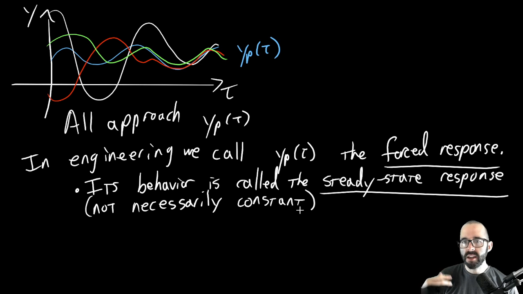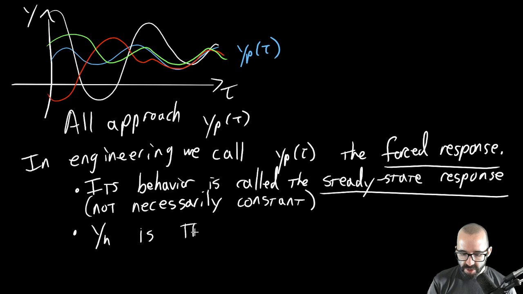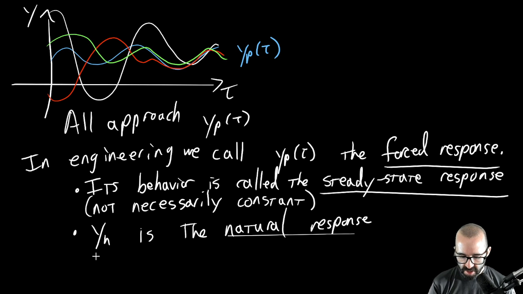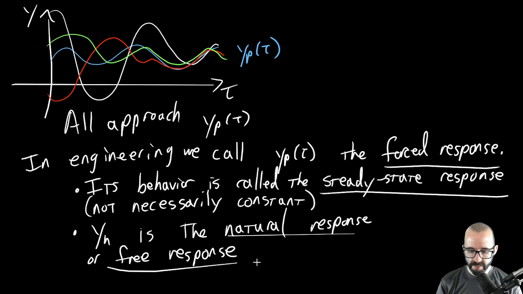Grooving is still a steady state response. You don't have to be frozen. You can still groove, okay? And then the homogeneous portion of the solution is the natural response or the free response. So you may see these terms fly around, so I wanted to introduce them right here.